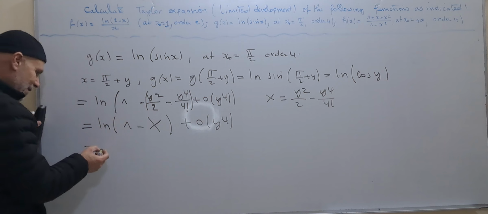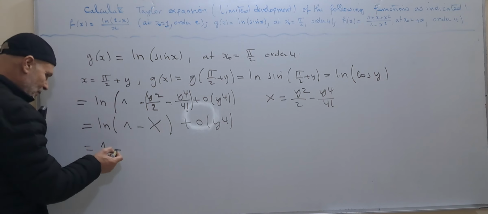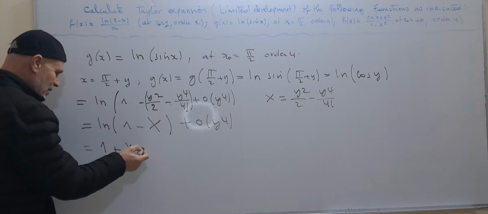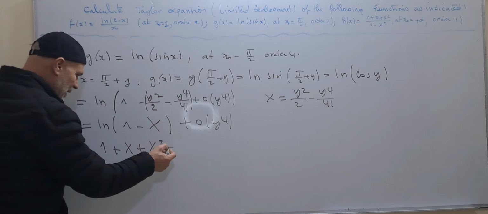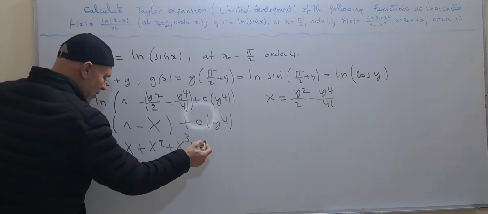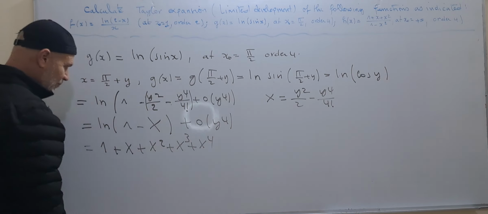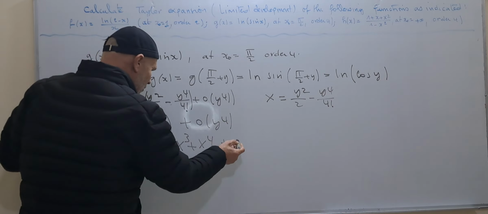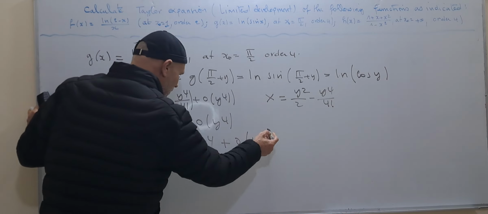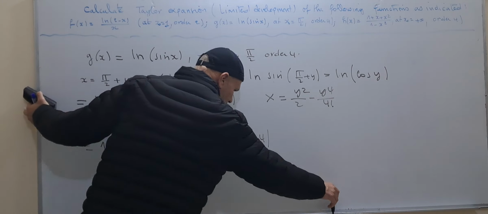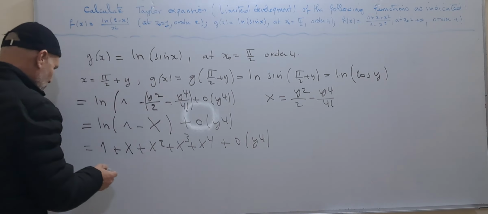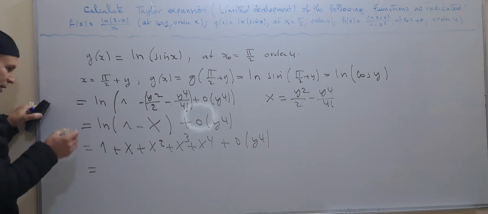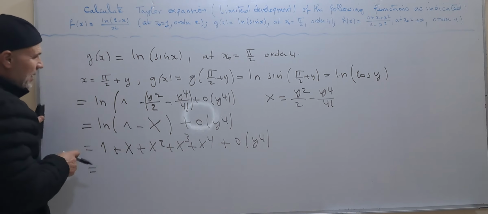So this is equal to 1 plus x squared plus x power 3 plus x power 4 plus y power 4. And once again we will replace capital X by its value.